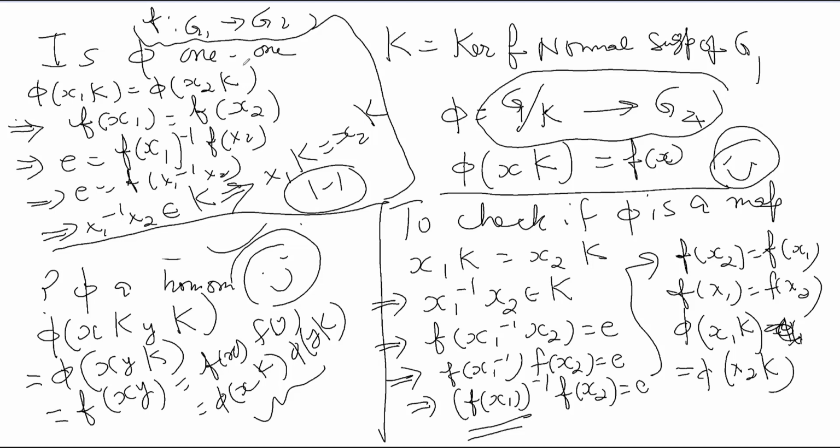So let's write this final statement now. Okay, let me erase this whole thing. What you have is G1 to G2.